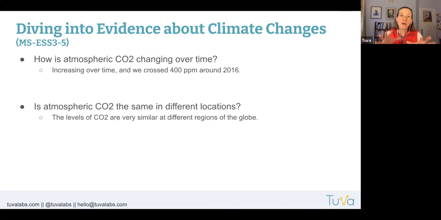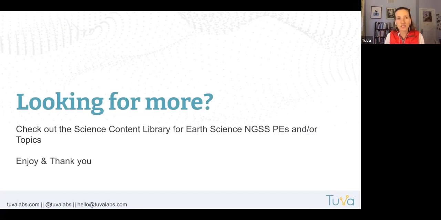The carbon dioxide values across those 3 different places were really similar. By spending time with these large data sets and manipulating them, our students can have a better conceptual understanding of how those drivers have changed, and then connect it to why and how temperatures are changing in our atmosphere.